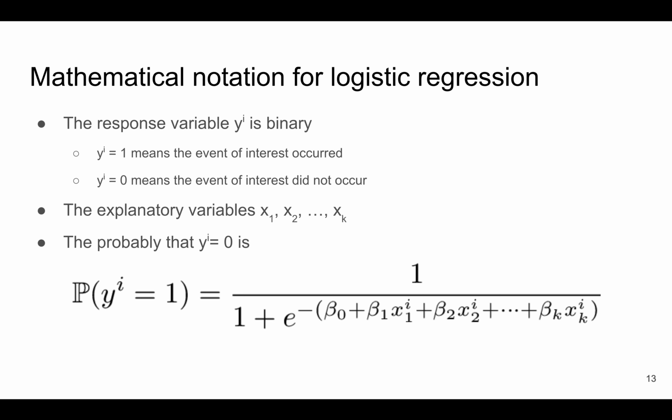For logistic regression, this is the notation that we use. The goal is to predict the response variable y using the explanatory variables x1, x2, up to xk. And the probability that y is 0 is basically given by this expression.